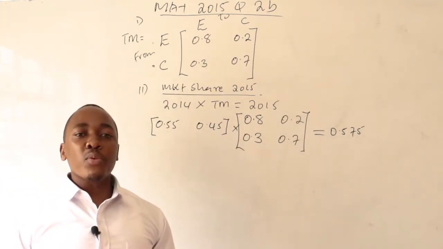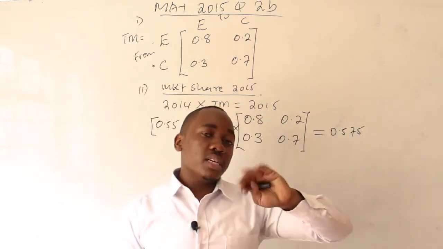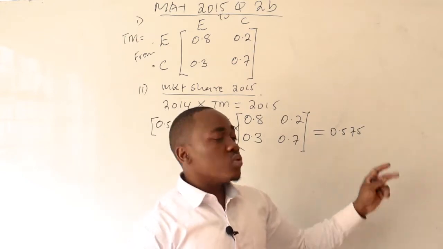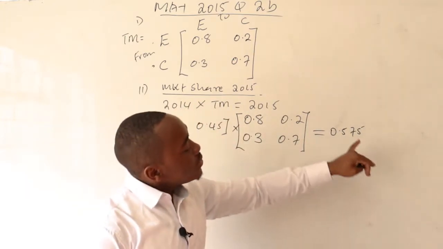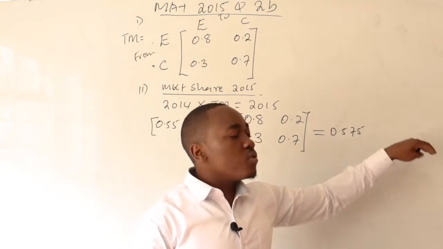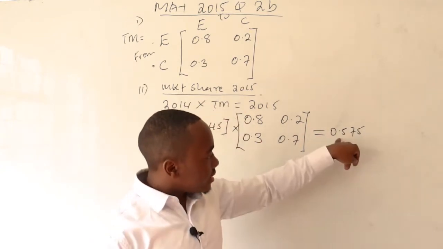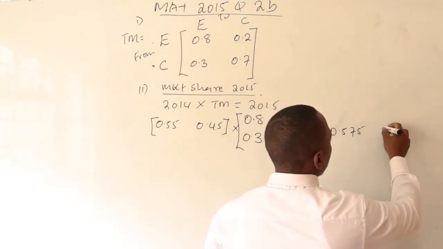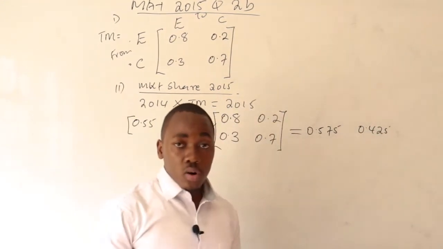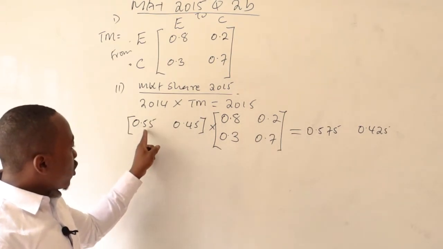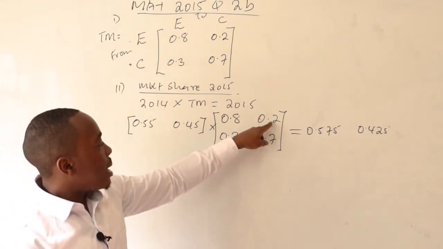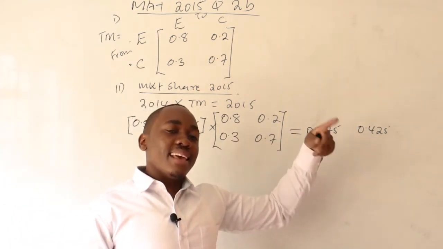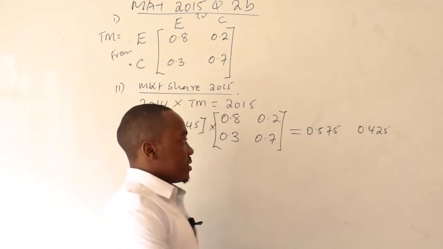It's not a must that you compute. Let me give you an easier shortcut. If you add the two, you should get 1. So if you have the first one, to get the second one you just take 1 minus this, which gives 0.425. Or you can compute 0.55 times 0.2 plus 0.45 times 0.7 and still get that, but the easier way is to take 1 minus that.